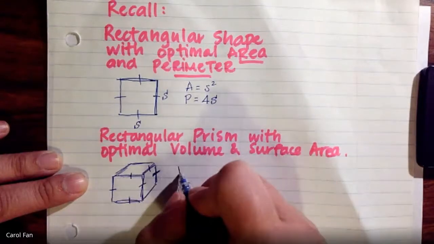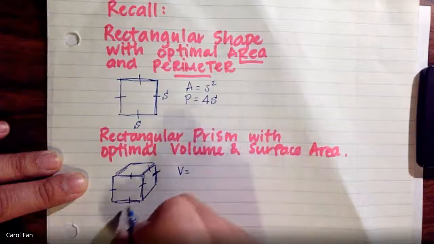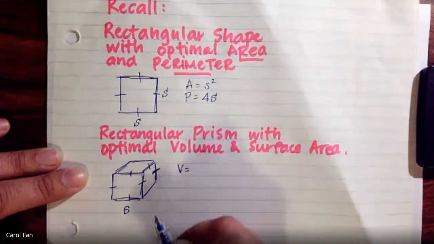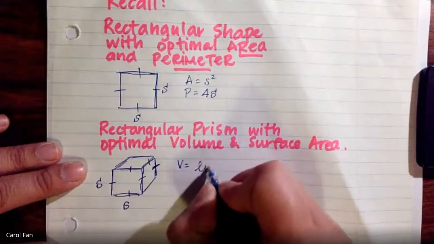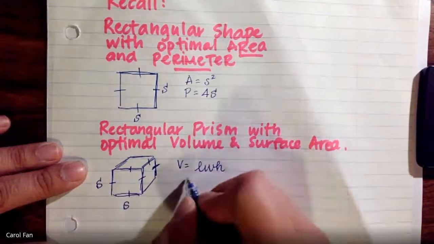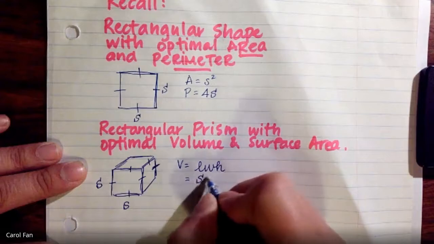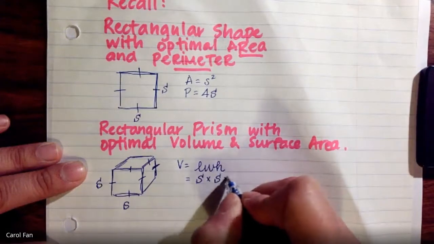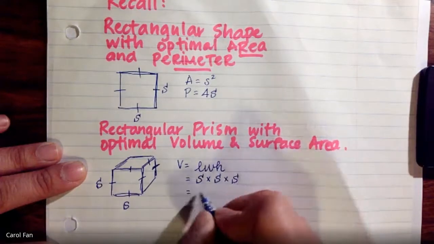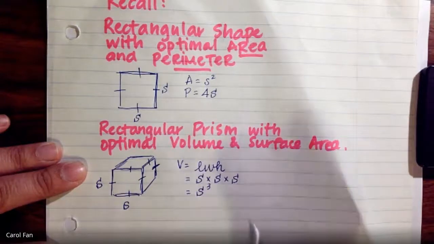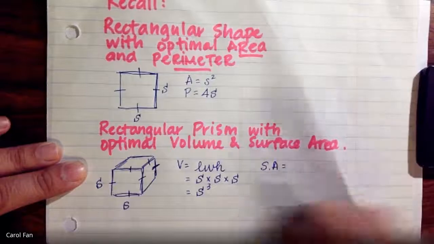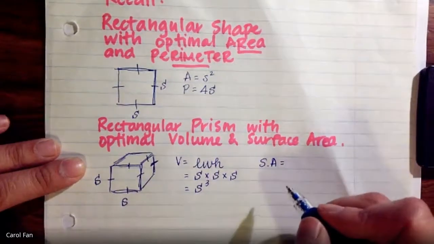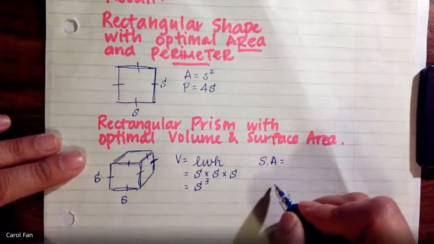So I could say the volume is now side times side times side. So instead of length times width times height, we have side times side times side, or we could say s cubed. Our surface area, if we open this, we have six sides that are exactly the same.